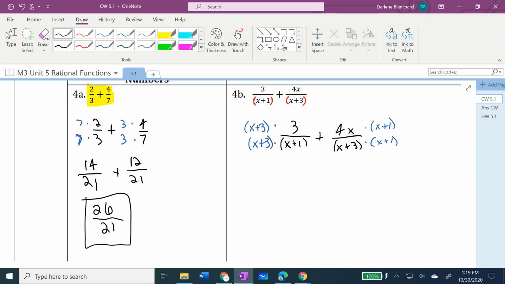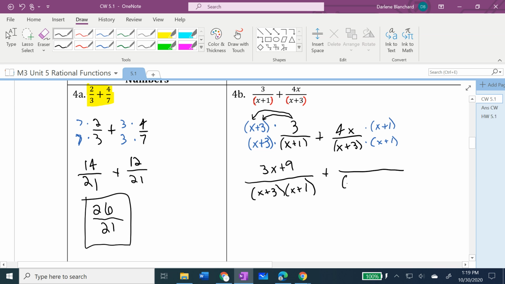Now, these two have a common denominator. Do you want to go ahead and just distribute the 3 over the parentheses? Do you want to distribute the multiplication over the addition? So if I distribute this multiplication, that's going to give me 3x plus 9. And then again, common denominator. And then I also need to distribute this 4x over the addition.